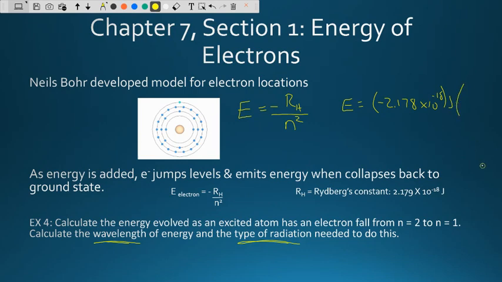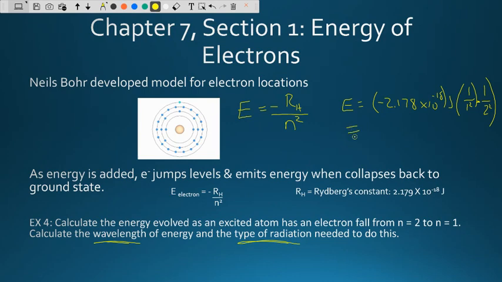So let's multiply by the reciprocal, which is 1 over 1 squared, because we're going back down to energy level 1, and we're going from energy level 2. So it's the difference between the energy levels squared. Again, we're dividing by the square, but let's just multiply by the reciprocal. 1 times 1 is 1, 2 times 2 is 4, so it's 1 minus 1/4. So it's just using some logic with this.